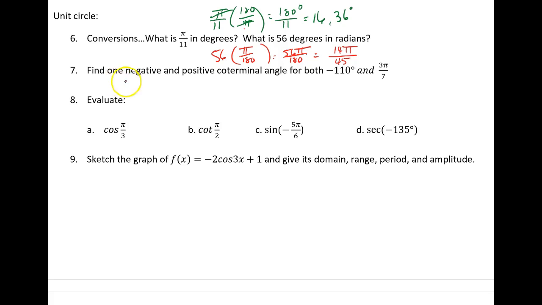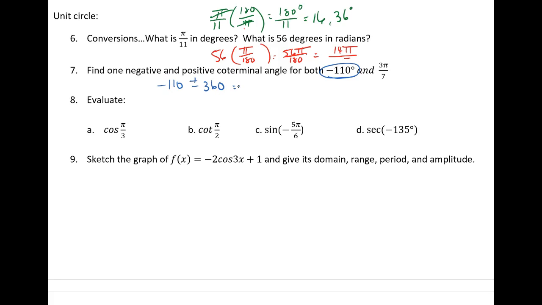Number 7, find a negative and a positive coterminal angle for both of these. So let's do the negative 110 first. If you are given degrees, remember that coterminal angles, all that means is revolutions. Okay, so imagine going around the circle forward and backwards, and so your formula is that you just take the angle and you add and you subtract 360.